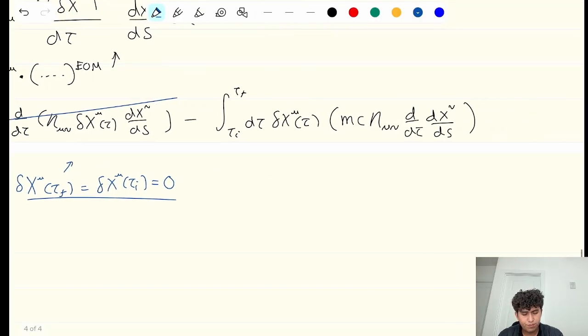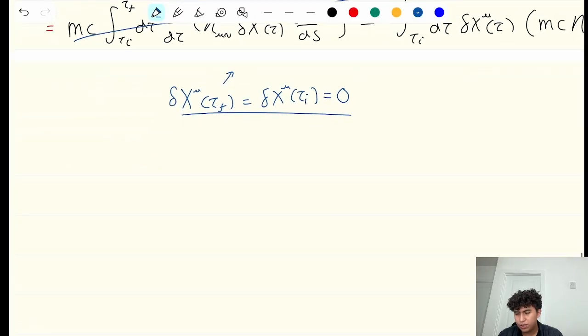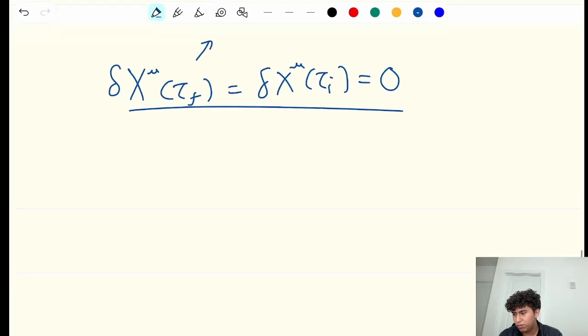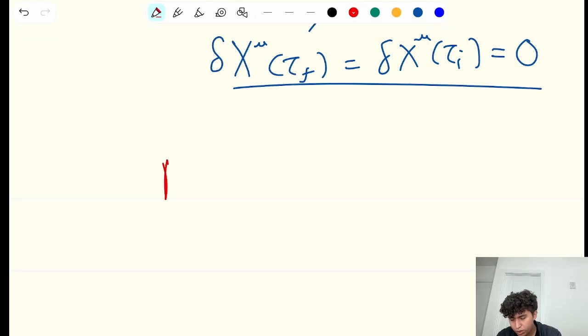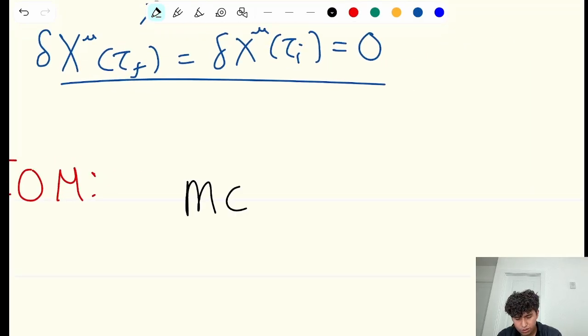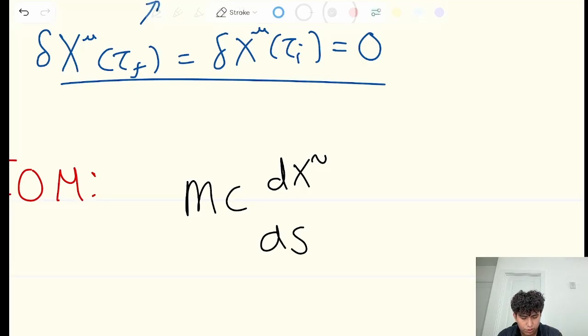From the second term, we have the form that we wanted: every variation of the path multiplying the equation of motion. So from here, we can just write the equation of motion. The equation of motion is just going to be mc d/ds of dx nu ds equals 0.